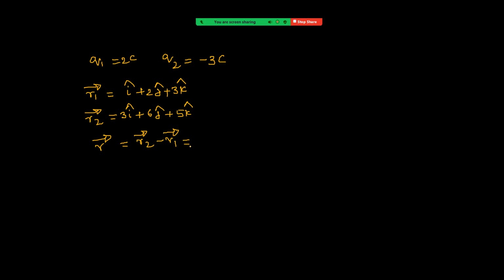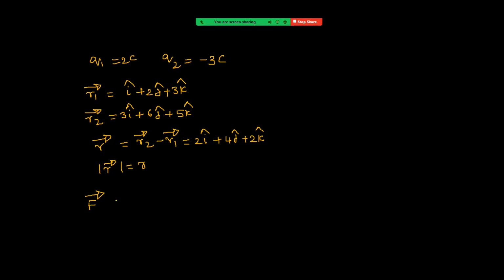See this value: 3 minus 1, that is 2i cap, 6 minus 2, that is 4j cap, 5 minus 3, that is 2k cap. So we got the position vector. If you consider the modulus value, then we get R, the distance between them.